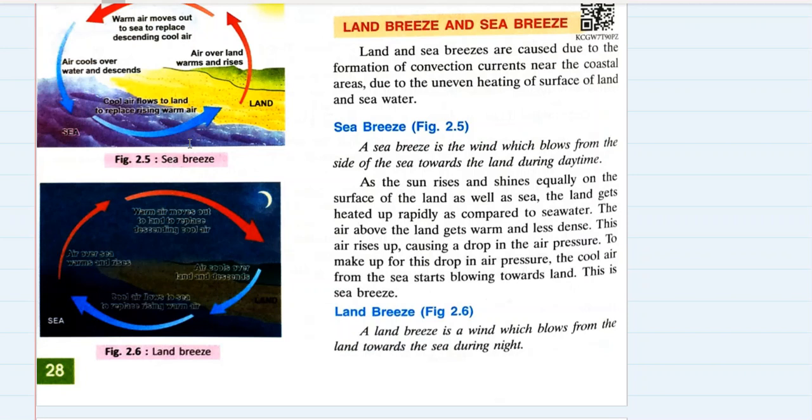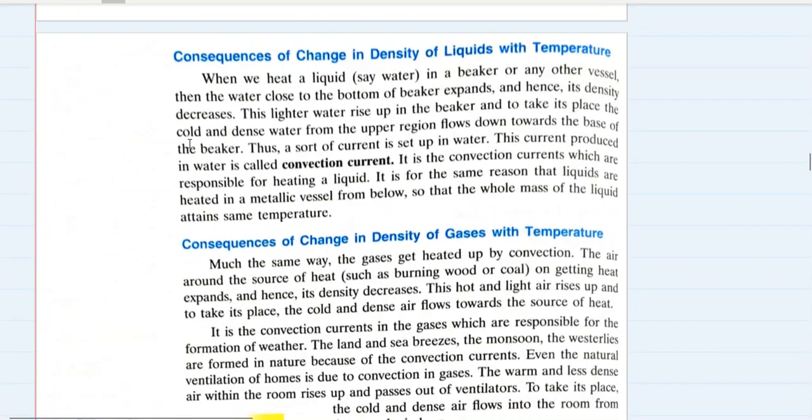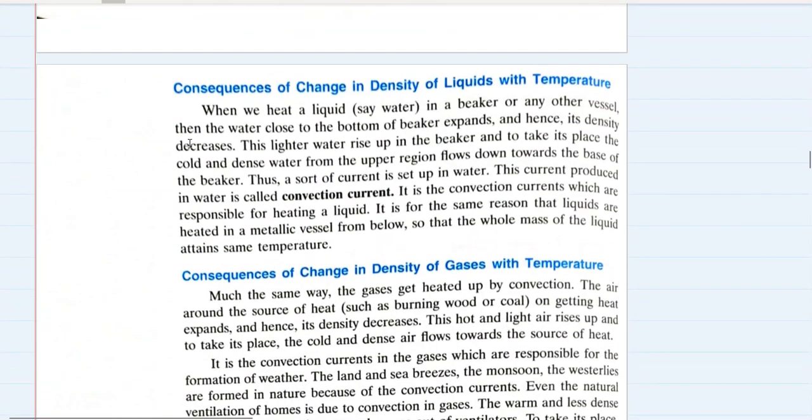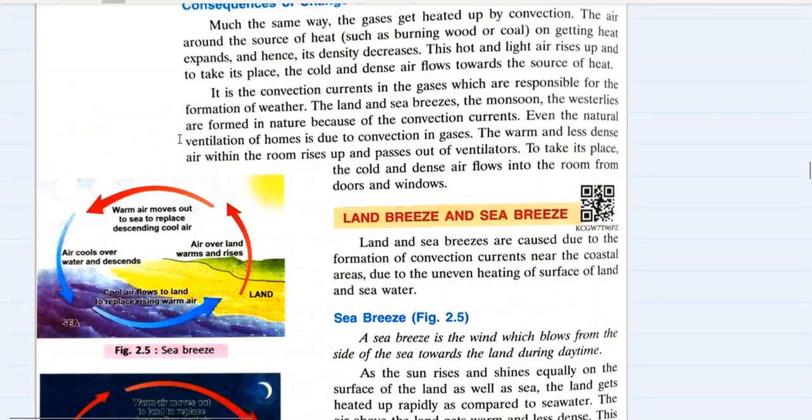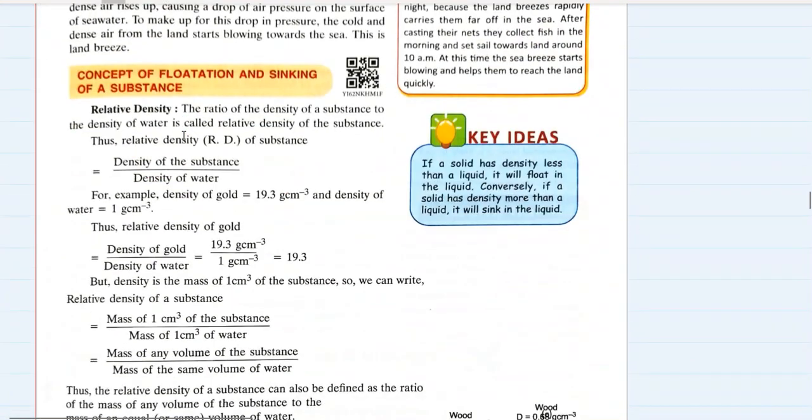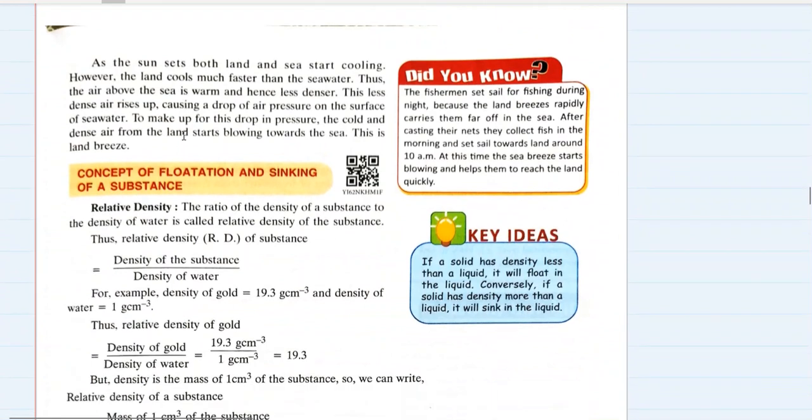So that is basically land breeze, which occurs at night. The reason behind the formation of land breeze and sea breeze is convection currents. Convection currents are set up in gases and, you can say, any fluids, gases and liquids, due to the change in density with temperature, right? So these are the consequences of changes in density.